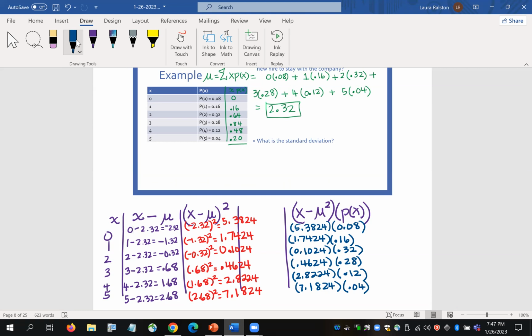Now you've got to do each one of those individually, or I'm going to add them as I go.